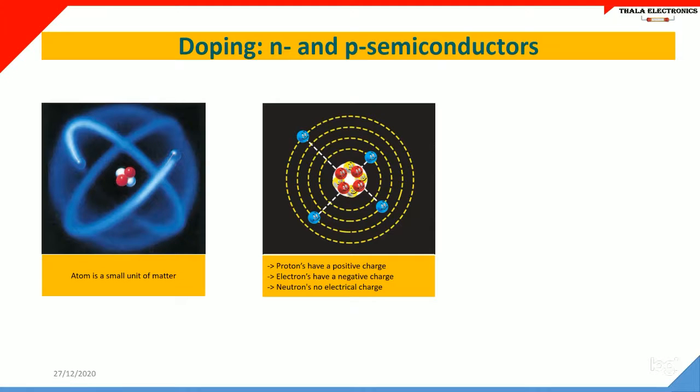And it defines to which chemical element the atom belongs. For example, any atom which contains 29 protons is copper.